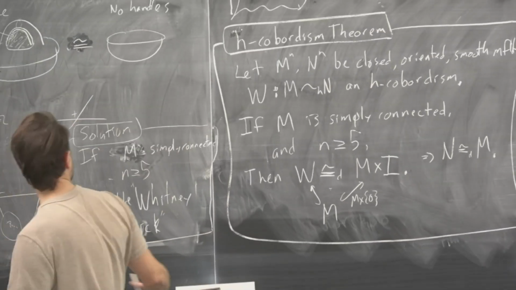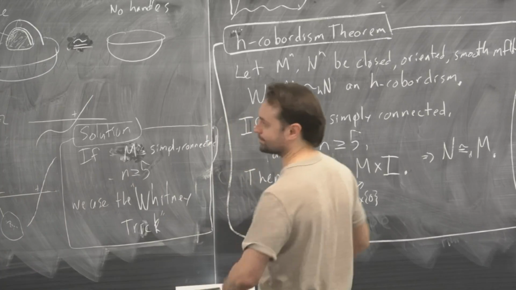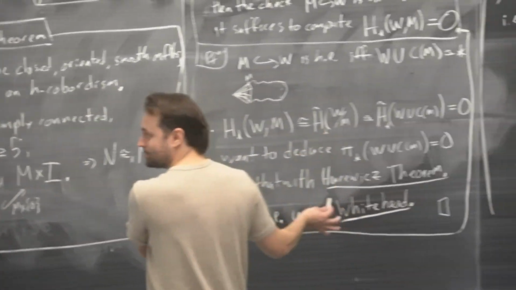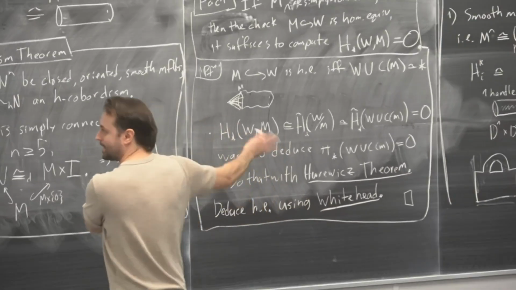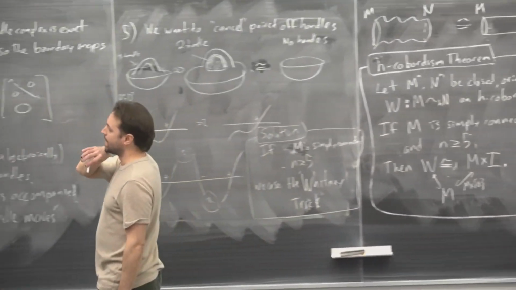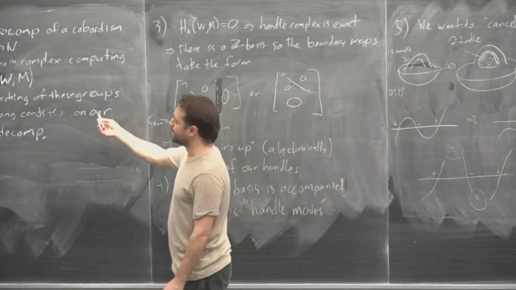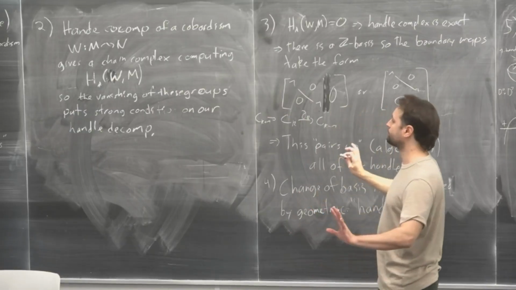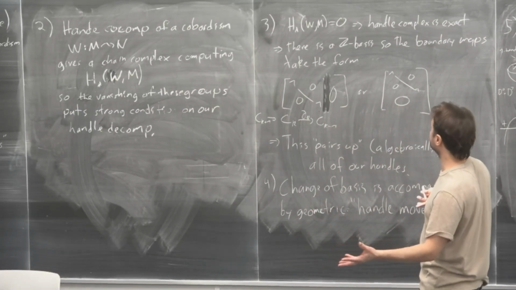Okay, so that's the outline of the proof. I'll go over it again because that was kind of a lot to take in. The first thing we do is we get, out of nowhere, from the magic of Morse theory, a handle decomposition. And then we say, okay, our handle decomposition computes this relative homology. That's great.